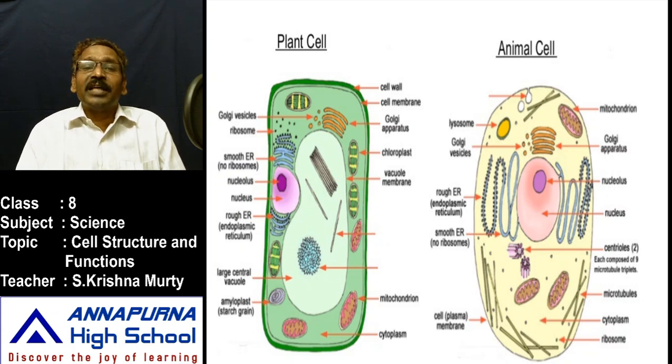Under the electron microscope, we can find a stained sticky substance inside the nucleus, which is the nucleolus. Again, that is divided into two portions. One is the chromatin portion.